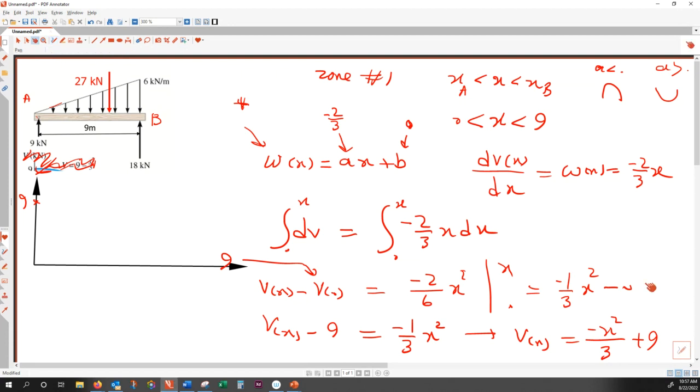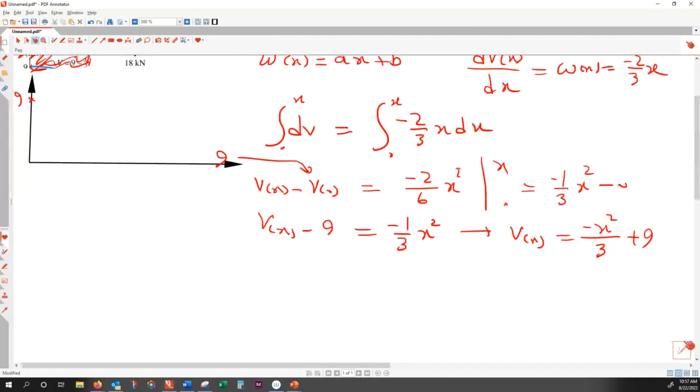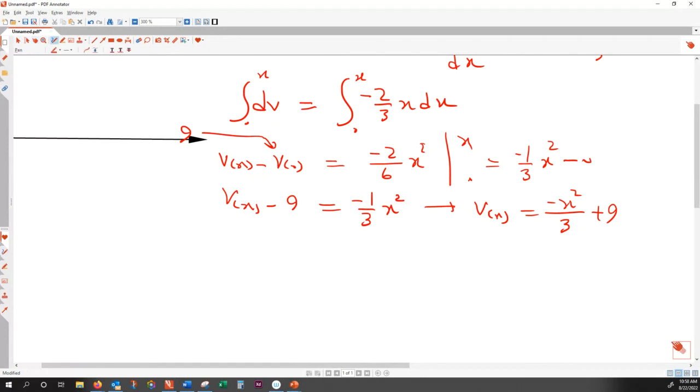So let's check and make sure we got the same value. So I plug x equal to 9, and that should be equal to 18, right? According to Gabriel. So that is V of B. That is V at x equal to 9.